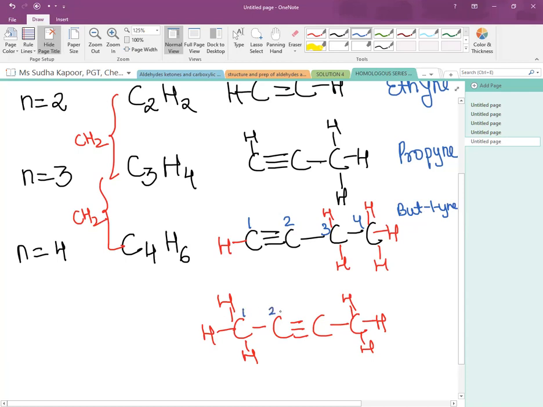But for this structure where the triple bond is present between 2 and 3, we have to write the location especially, that is but 2, yne, to show that the triple bond is present between the second and third carbon. If we do not write a number, it obviously means 1. So for 1, it is not necessary to write but 1, yne. We can directly write it as butyne. But for the other number, we have to show the location also.